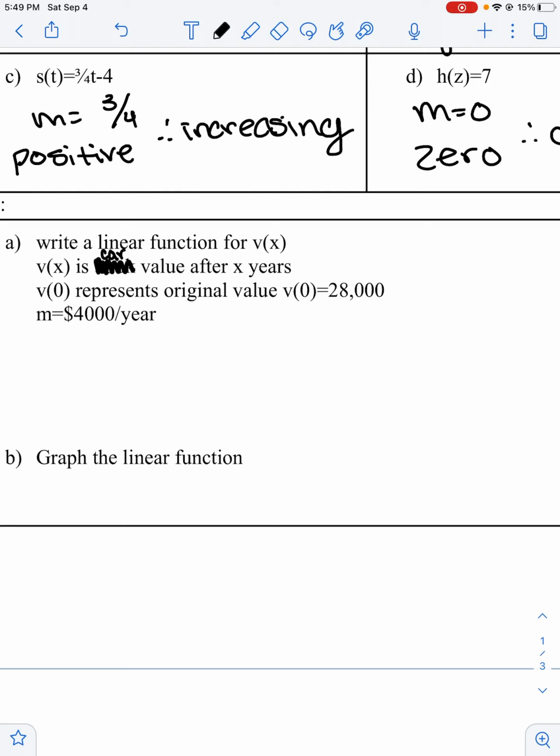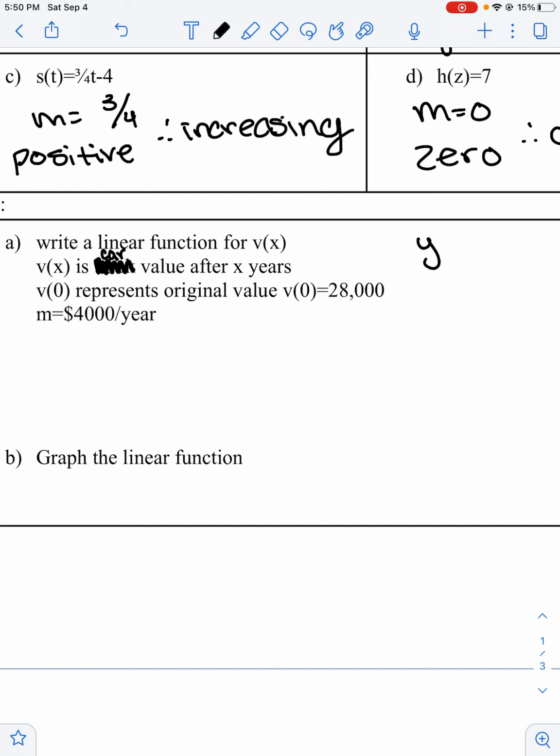I changed it to car because I do not know any books that cost $28,000. So car seems more reasonable. The original value of the car is $28,000, and then the slope is $4,000 per year. And a car depreciates in value, so it costs less as years go on. So our slope here is going to be negative.